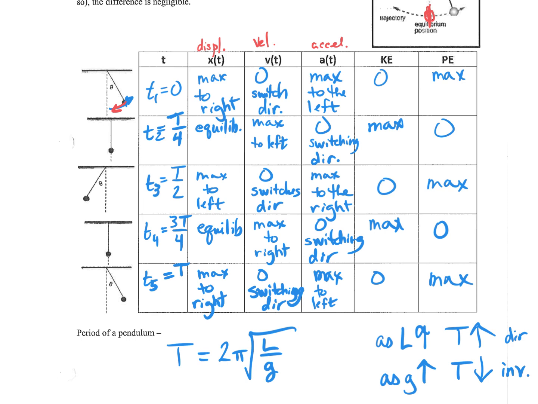You need to know all of those things, right? So this chart is kind of important to know, because next time we're going to be talking about springs, and we're going to have this exact same chart, except for springs. Okay? This is a very, very short unit.